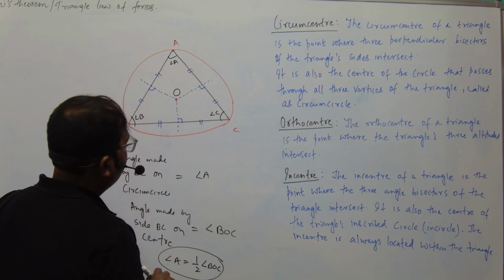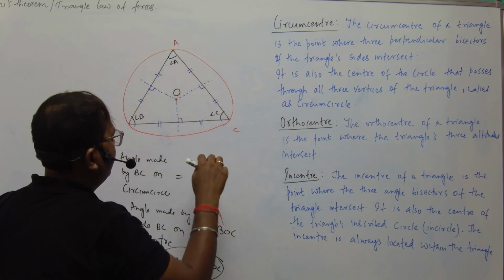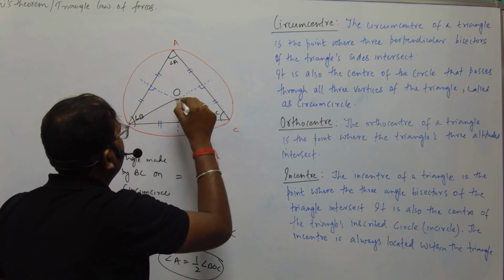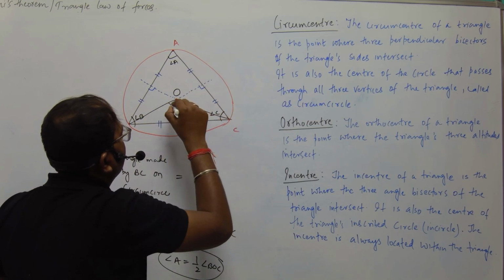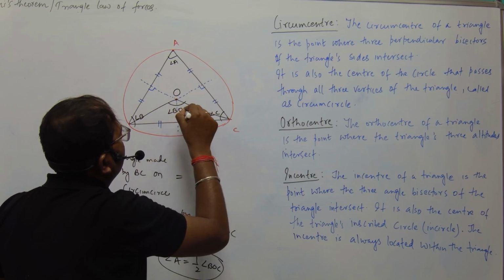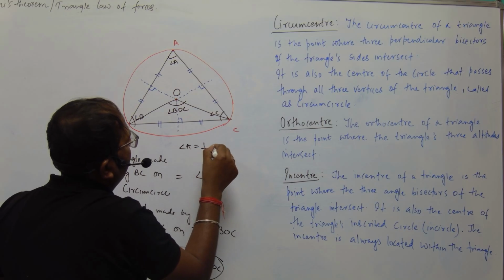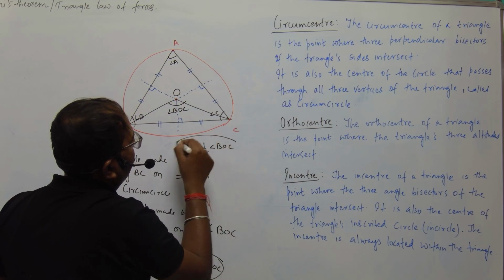The angle made on the circumcircle is equal to half of the angle made by that side at the center.